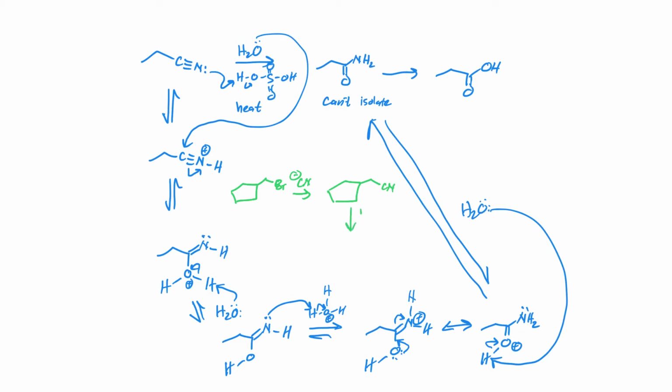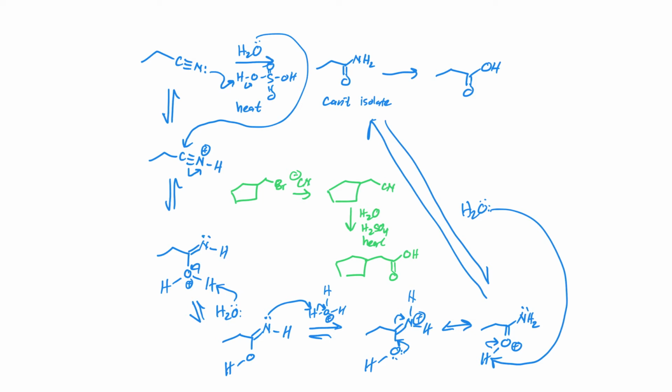And if I react the cyanide, or now the nitrile, with water, strong acid, and heat, I know that the carbon becomes a carbonyl, and I lose the nitrogen, and I form a carboxylic acid. So what's the end result? Well, I've taken my 6-carbon starting material, and I've made it into a 7-carbon starting material.